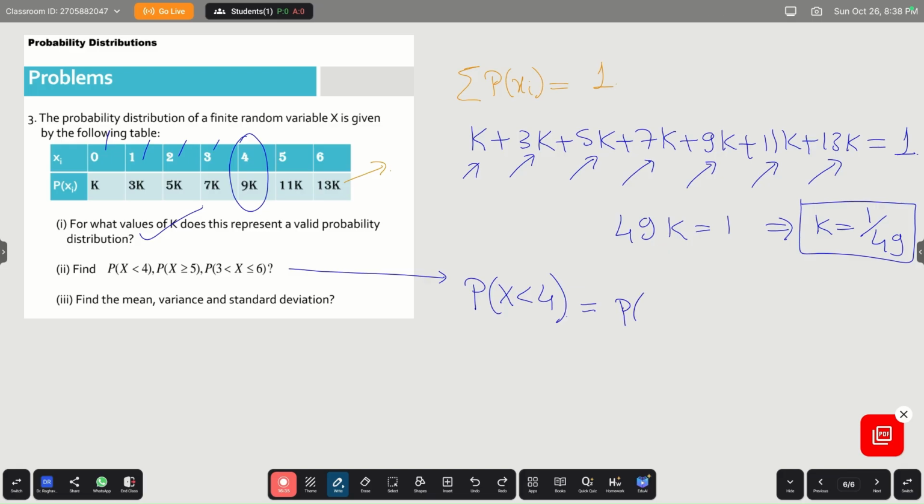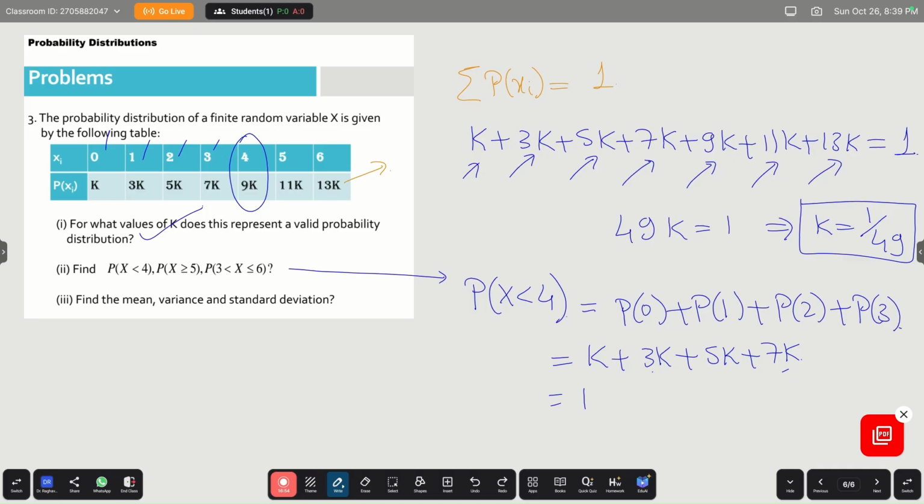So it will be p of 0 plus p of 1 plus p of 2 plus p of 3. What are these probabilities? P of 0 is 1k, p of 1 is 3k, p of 2 is 5k and p of 3 is 7k. So totally 16k. And also we know the value of k, so you can substitute that also, 16 into 1 by 49. This will be the probability of x less than 4.